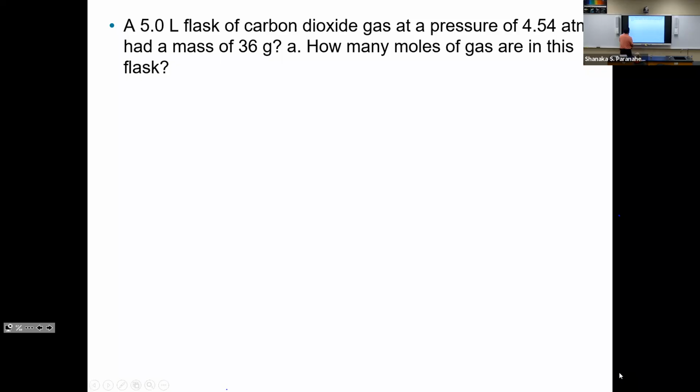A 5 liter flask of carbon dioxide gas at a pressure of 4.5 atmospheres has a mass of 36 grams. How many moles of gas are in the flask?